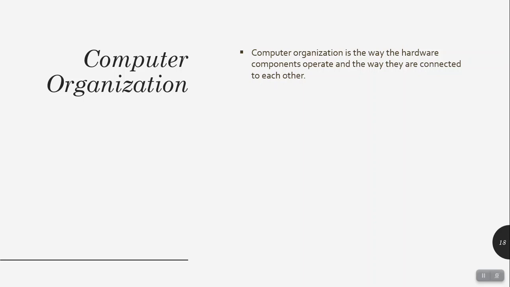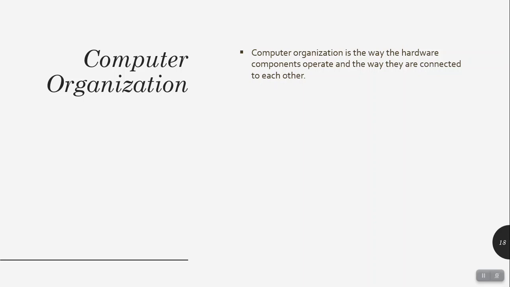So there is a sequence of operation to be executed by our computer system. So there's an organization. There's a systematic way of operating inside your computer. So that's the organization. Which hardware should come first, or which of this hardware should do this task?